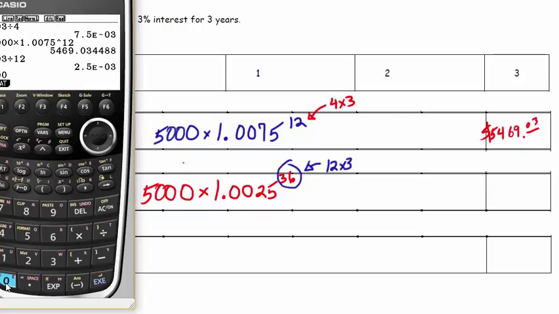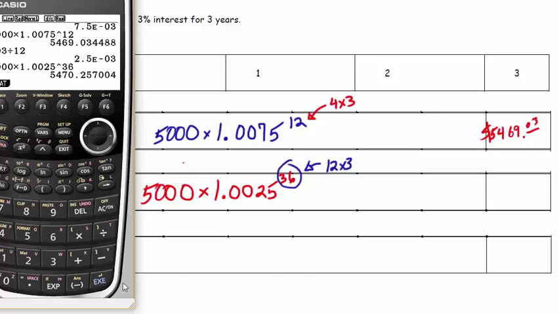So we have 5,000 times 1.0025 raised to the 36 times I'm getting paid here. Alright, so we get $5,470.26.